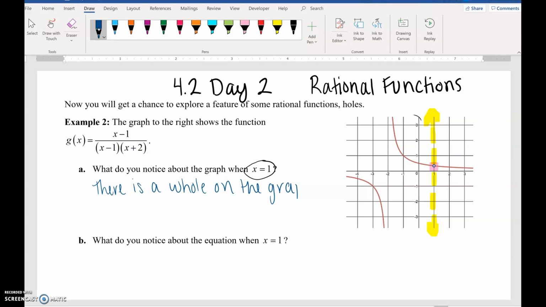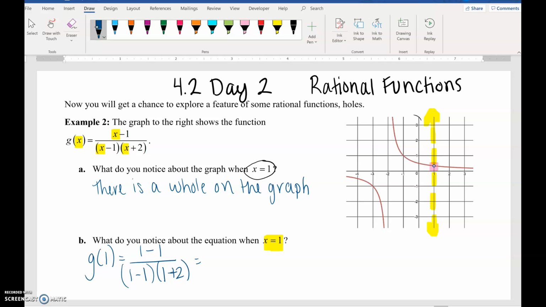The next part says, what do you notice about the equation when x equals 1? Let's plug it in and see what happens. We're going to plug in x equals 1 into all of our x values. G of 1 equals 1 minus 1, all over 1 minus 1 in parentheses, and then we would do 1 plus 2.